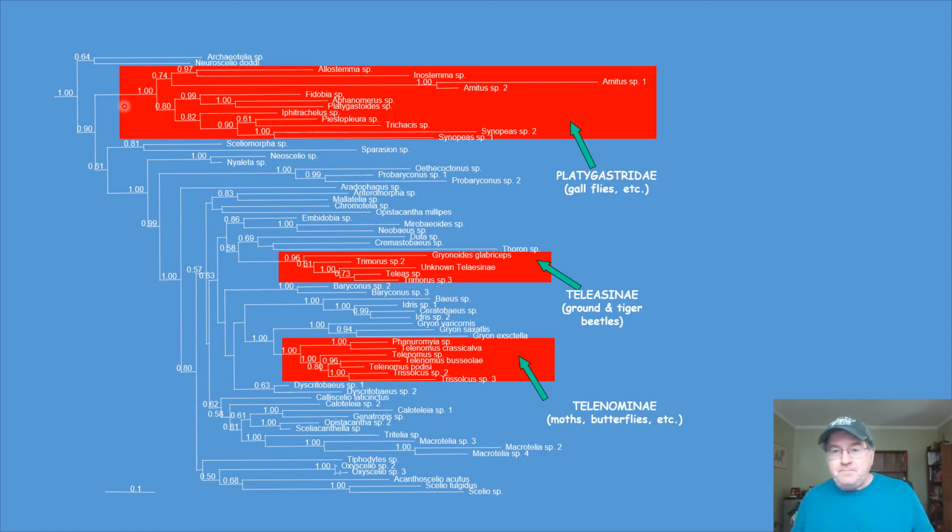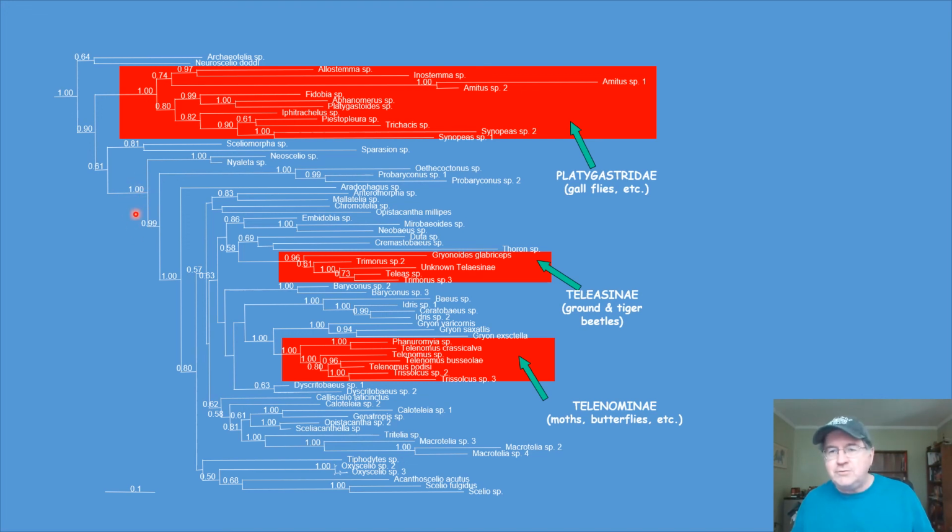But what about the rest of the species within the Platygastroidea that had always been classified as Celeonids? Well, we see a big chunk of them down here, the vast majority, as a matter of fact, arising here. I want to point out this node right here that has 100% posterior probability. Every analysis we do with molecular data, with 3 genes, 4 genes, 4,000 genes, that node always shows up.